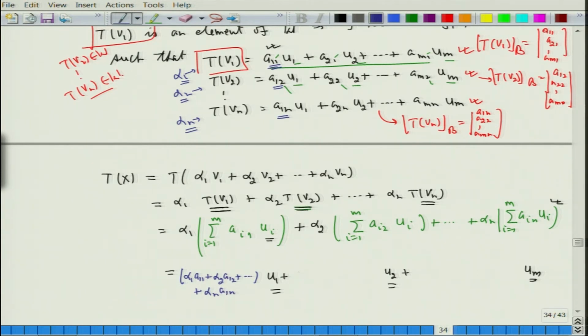Fine. Similarly, when I look at U2 here, alpha 1 is getting multiplied to A21, alpha 2 is multiplied to A22, plus so on, plus alpha n is getting multiplied to A2n.